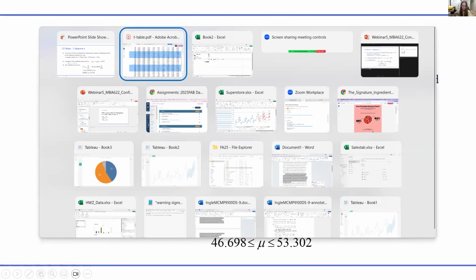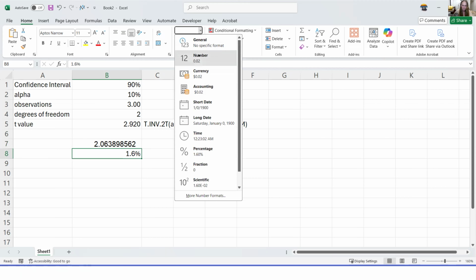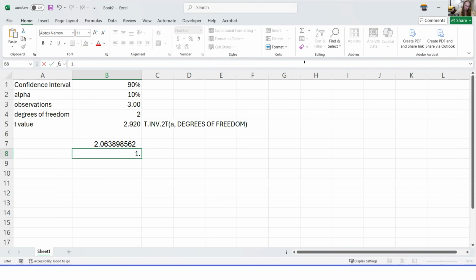Oops. So we calculated this, right? And we know that 8 divided by the square root of 25 was 1.6, not percent. Sorry, I need it as a number, not as a percent. Just give me a second here. Come on now. Number 1.6.